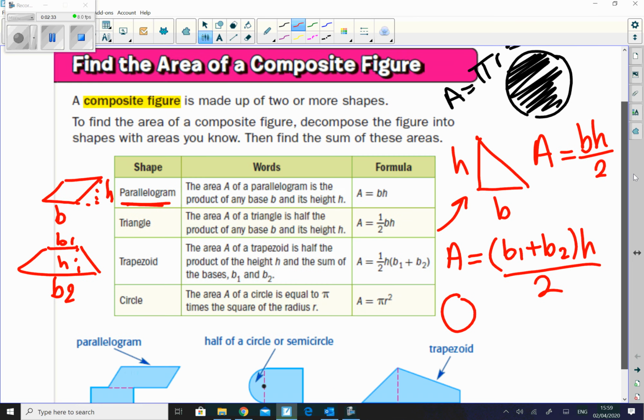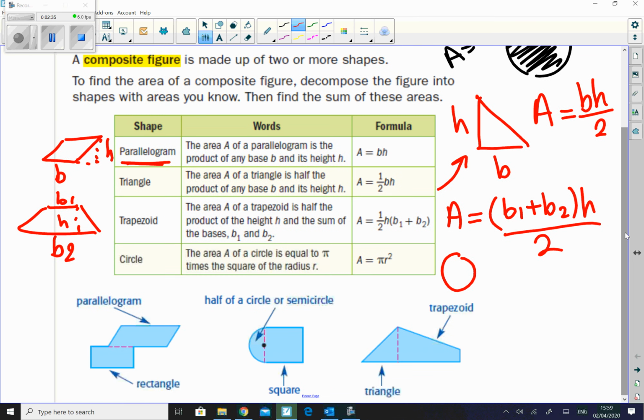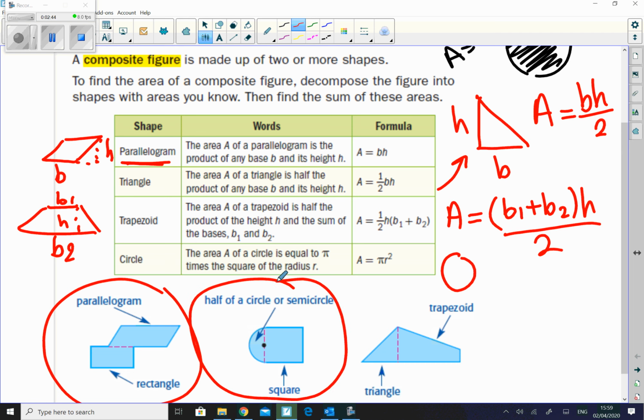Okay, so let's see, what do we mean by a composite figure? A composite figure is something like these shapes. See these shapes? They are not only one shape, it's two different shapes connected to each other like this. For example, this one is a parallelogram and a rectangle. So I will find the area of each one, and then add them.